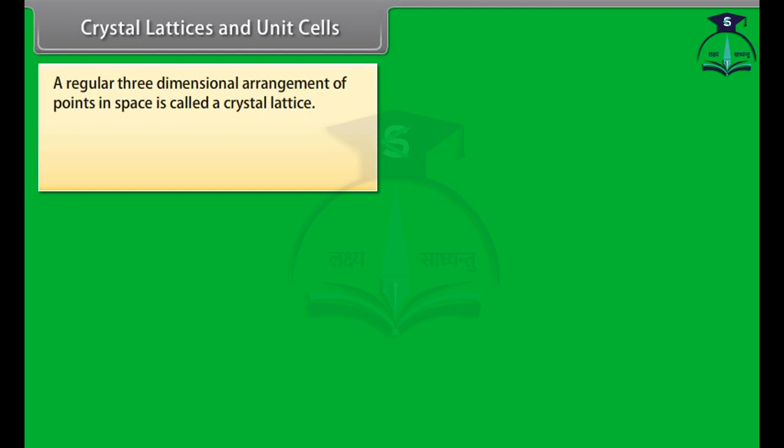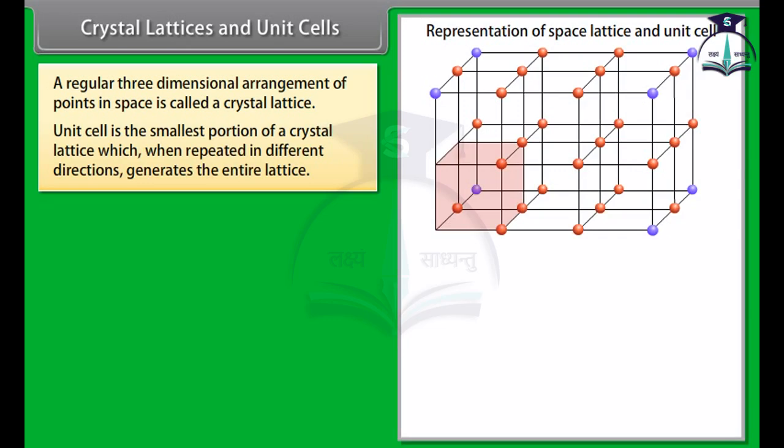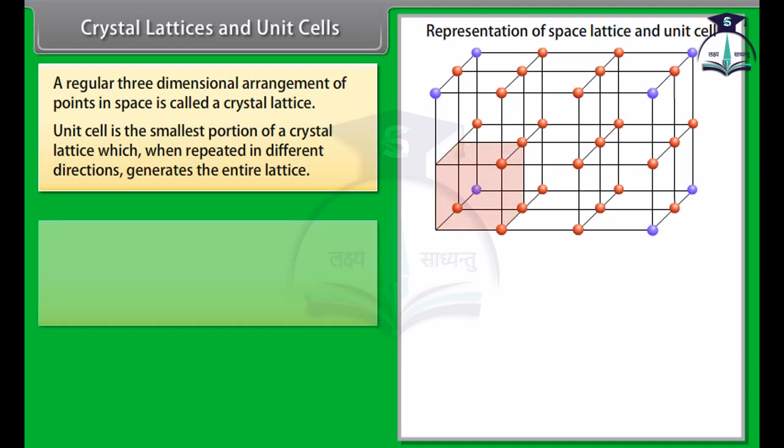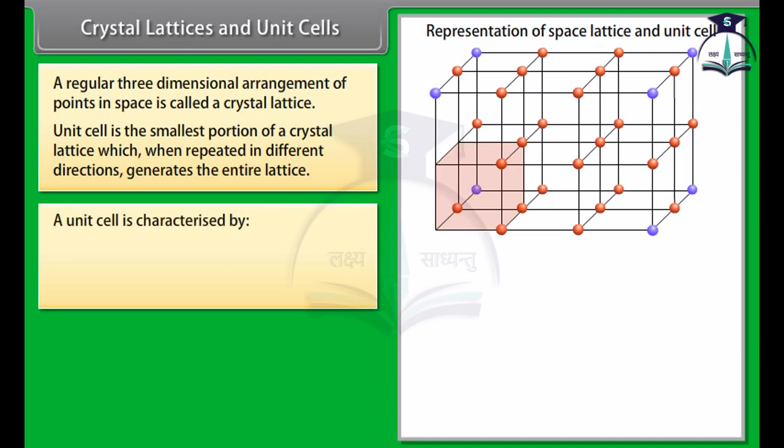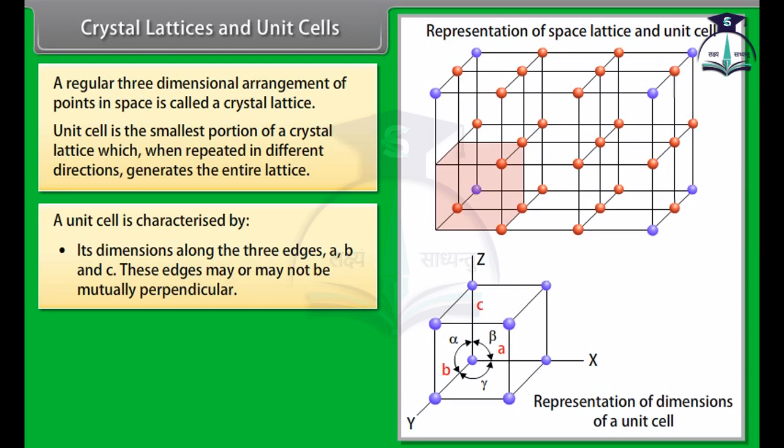A regular 3-dimensional arrangement of points in space is called a crystal lattice. Unit cell is the smallest portion of a crystal lattice, which, when repeated in different directions, generates the entire lattice. A unit cell is characterized by 1. Its dimensions along the 3 edges a, b, and c.